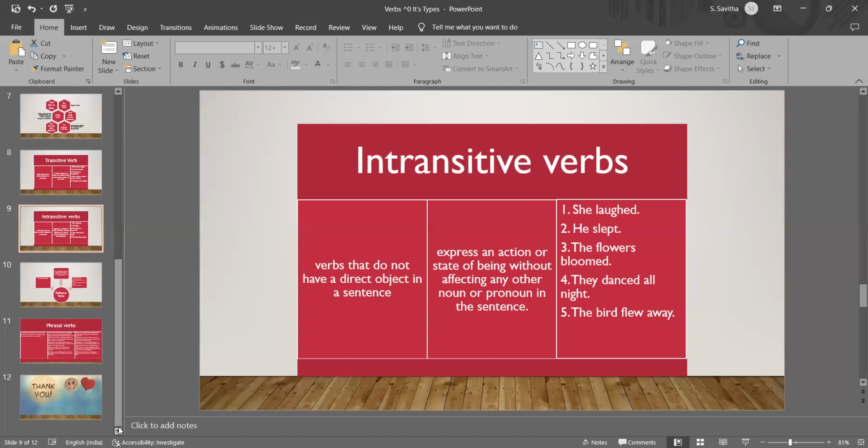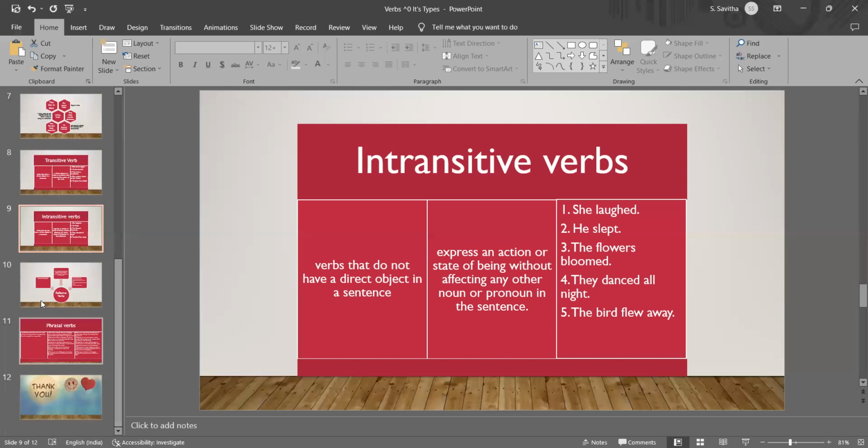You have to note that some intransitive verbs can be followed by prepositions or adverbs to modify the verb or provide additional information. Okay. So this is what intransitive verb is all about.